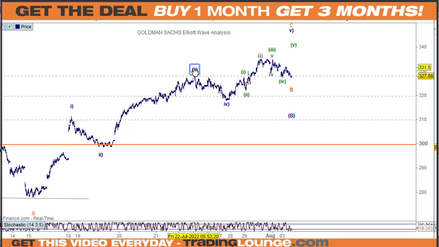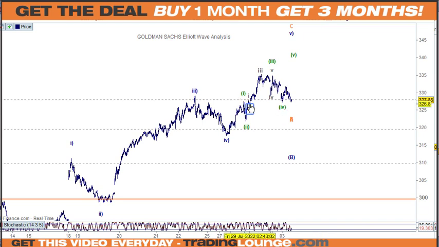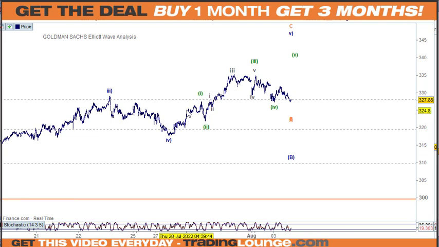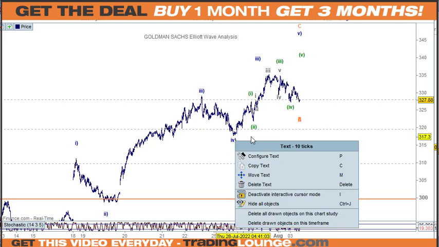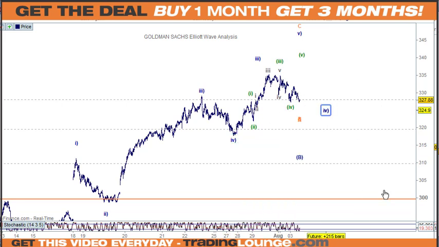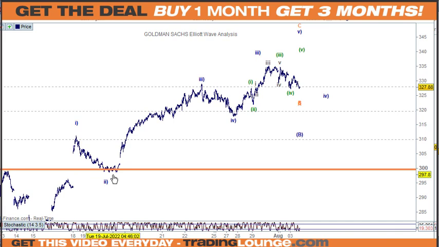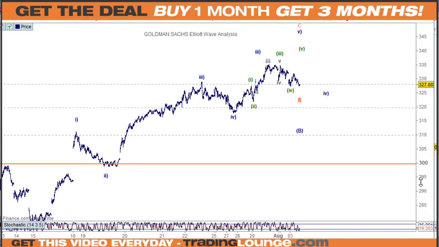So if this moves down any lower than this wave 1 here, then, because I've counted a nice little 1, 2, 3, 4, 5 up here, if it comes down and crosses over this, I'm going to need to put wave 3 up here and this wave 4 over here, and then look at this in some sort of 1, 2, 3, 4 and 5 up here, and make wave 3 here. It doesn't look right, but yeah.